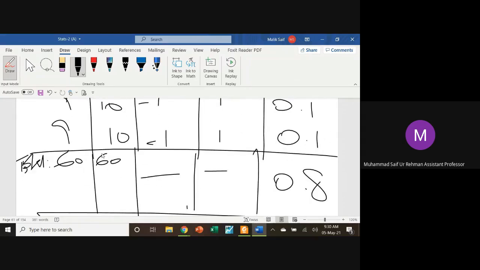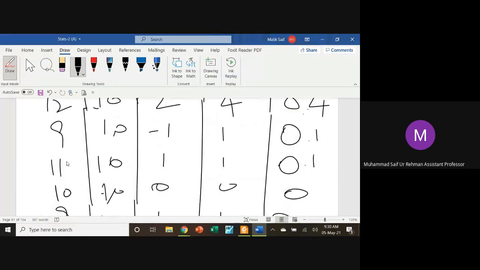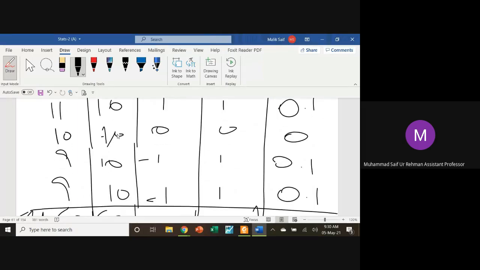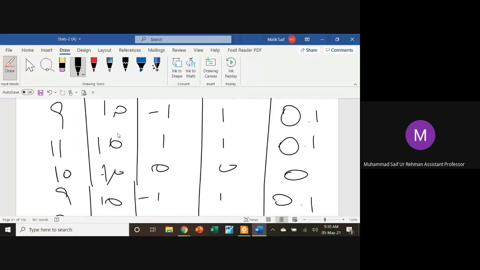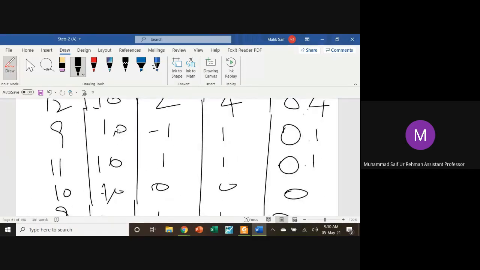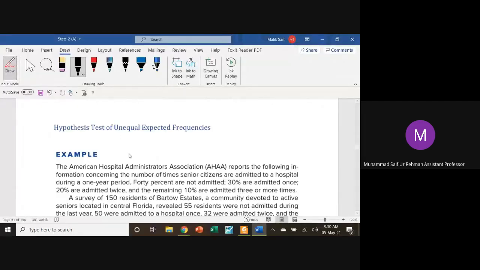So 60 divided by 6, the answer was 10. So expected frequency was the same in all six cases, but in this case, it is different.